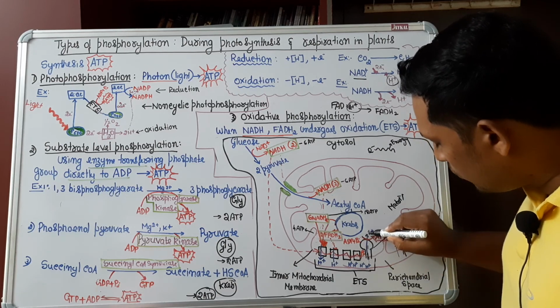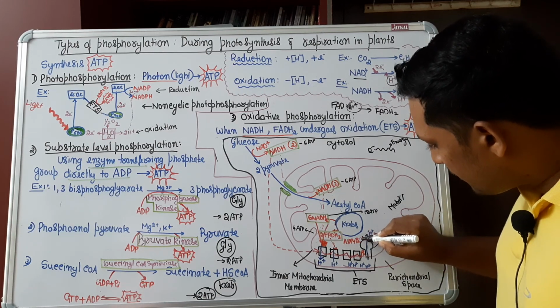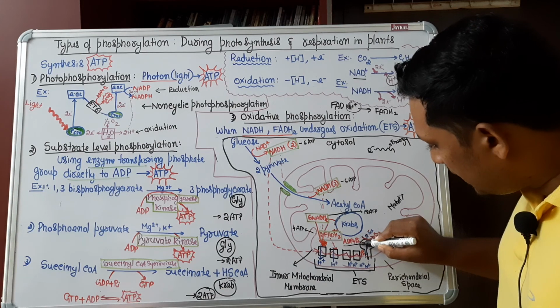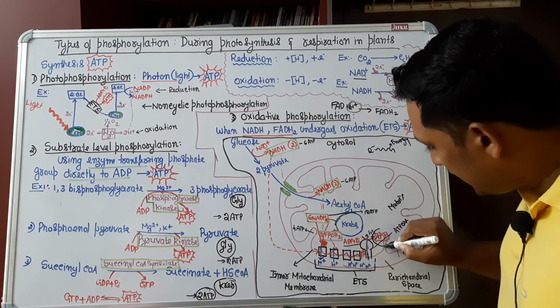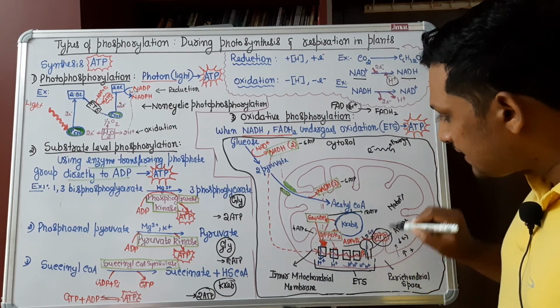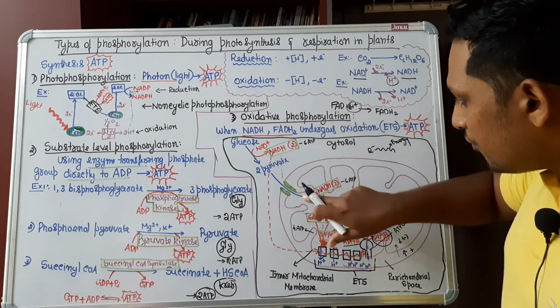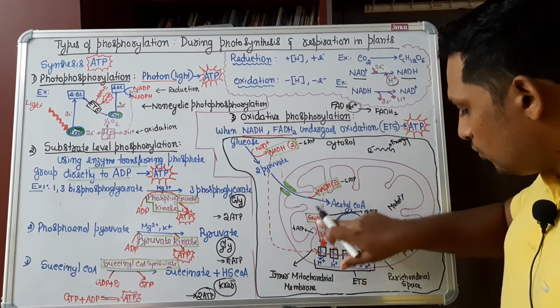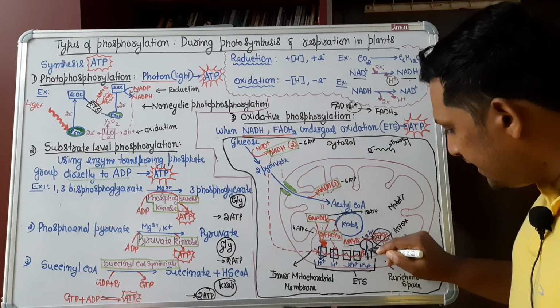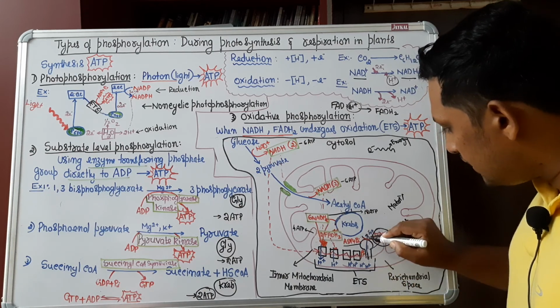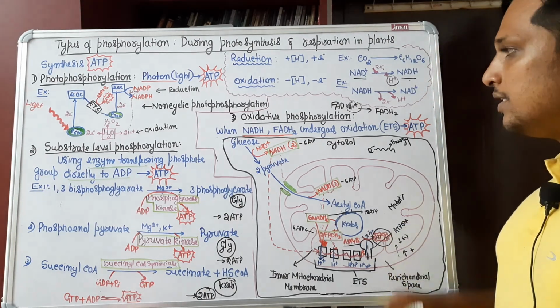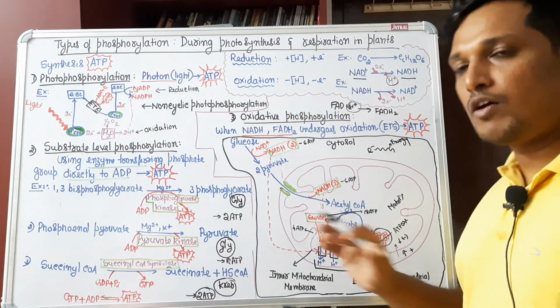When H plus ions move through the ATPase complex, there will be combining of ADP and inorganic phosphate and ATP is prepared. So what has happened? There was release of NADH and FADH2, and those got oxidized in the ETS. When there is oxidation, finally there is ATP formation. That is known as oxidative phosphorylation.